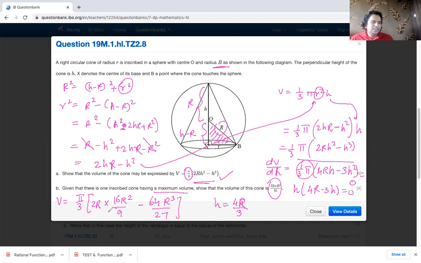If you take the LCM of this and simplify, this will be 32R cube. I'll just show the calculation as well. So this is going to be 32R cube over 9 minus 64R cube over 27, and pi over 3 is outside. If you take the LCM of this, you will notice that that's the answer, which is 32 pi R cube over 81.